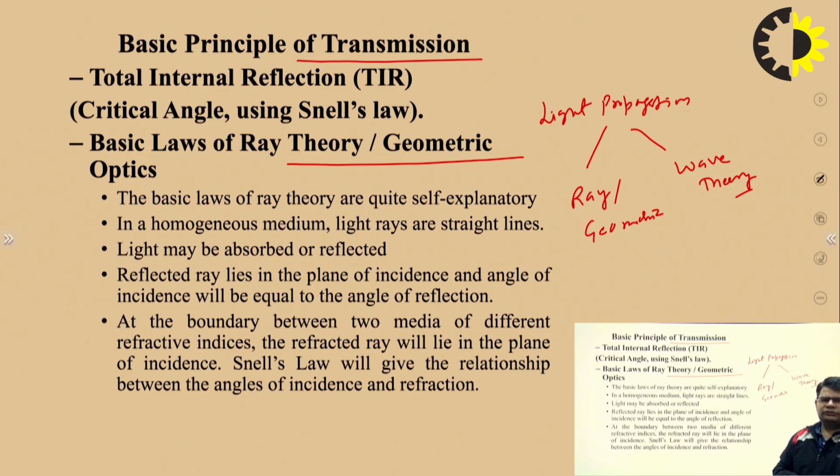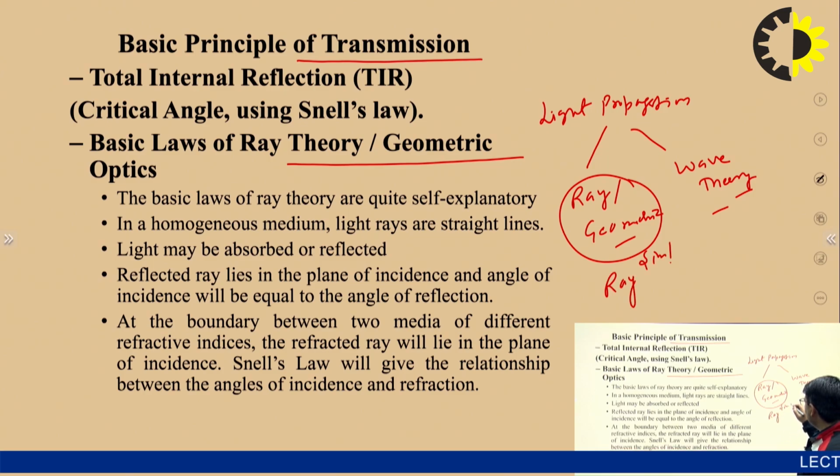Okay, so first of all, we will have a brief discussion about these ray theory and wave theory. In the ray theory, light is considered as a ray, simply a ray of light.